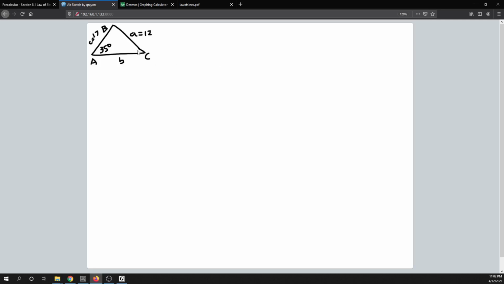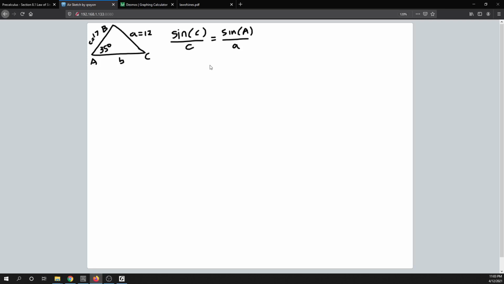All right, so what we want to do is to solve for one of the angles opposite, and we're going to have to solve for angle C here. We already know that angle A and the side opposite, 12. So we're going to have to solve for sine C. So we're going to have sine of angle C divided by side C is equal to sine of angle A divided by side A. And we know those values.